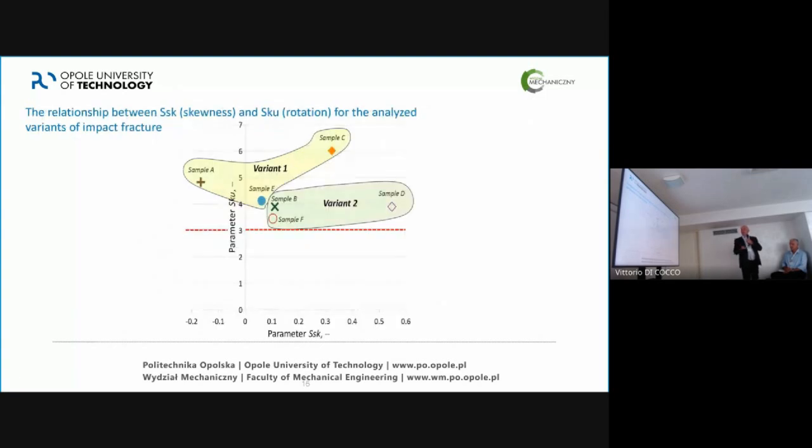And the second comparison is the relationship between steepness and rotation for analysis of the direction of impact fracture for variant 1 and variant 2 for aluminium. From both these figures, you may see that these parameters depend on aluminium and treatment. So analyses are in three directions.